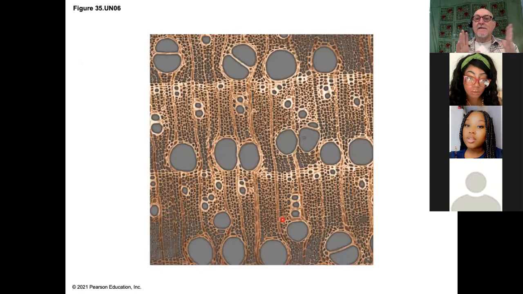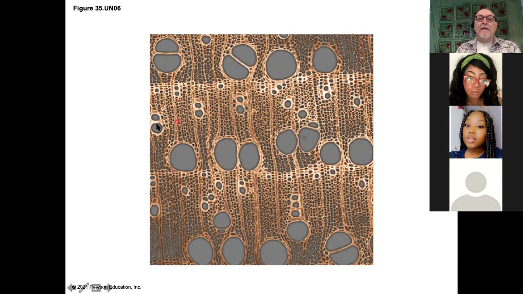This is a typical section of a piece of wood. And one of the things that we notice immediately is there's a distinct band structure to it. And here we see 1, 2, 3 of those bands. But look carefully inside the band, and you'll see there is actually another band, and that's of these smaller vessels and tracheids here.